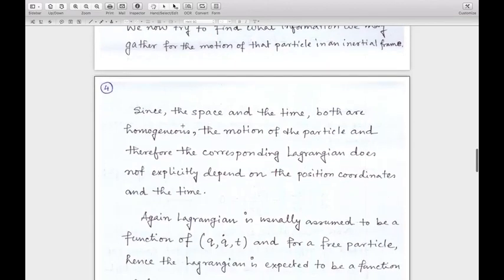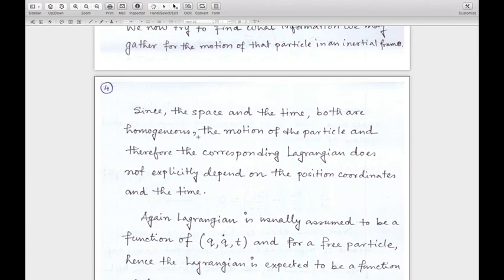Now, since in an inertial frame the space and the time both are homogeneous, when some observer sitting in an inertial frame of reference sees the motion of a particle which is not interacting with anything else, there is an intuition that the motion of the free, non-interacting particle should also reflect the homogeneity of space and time and also the isotropy of space.